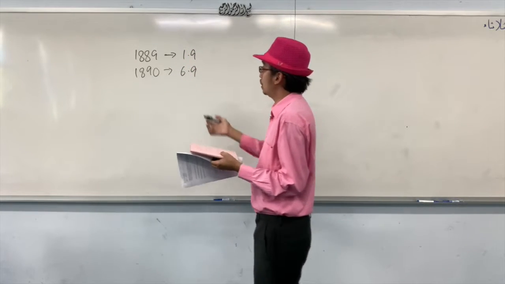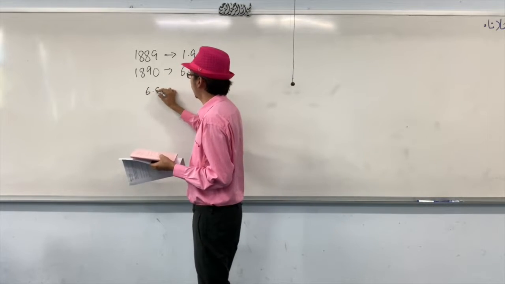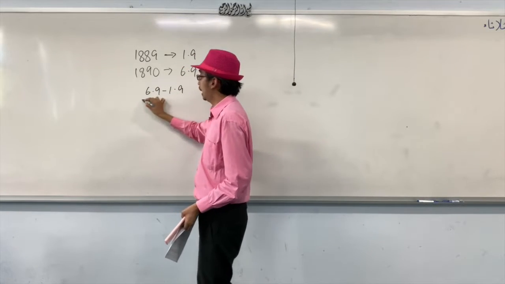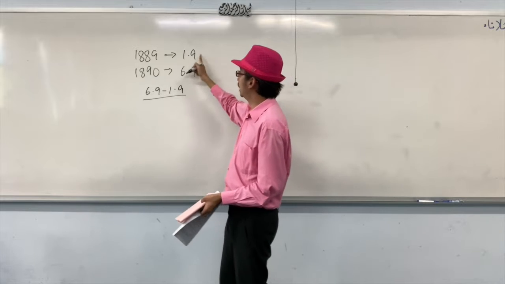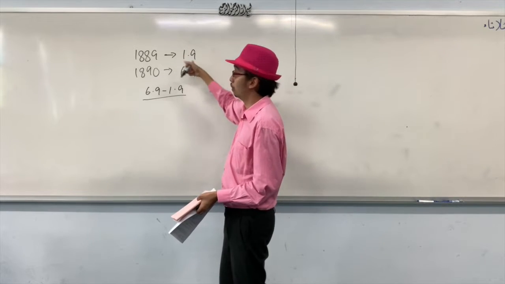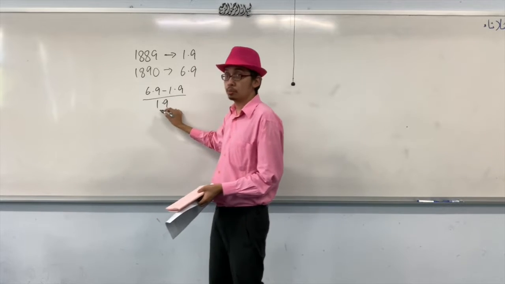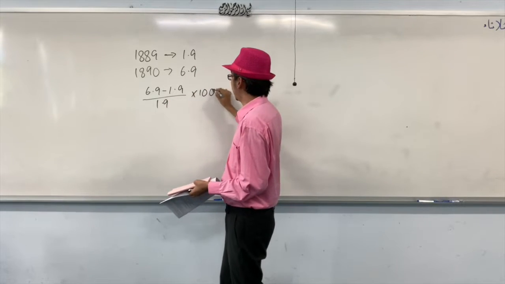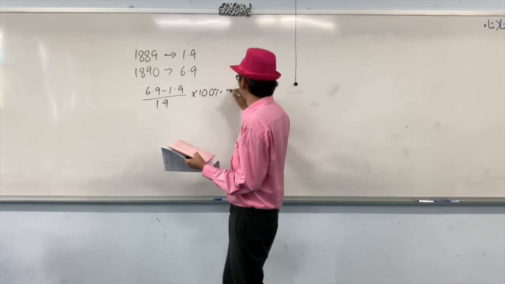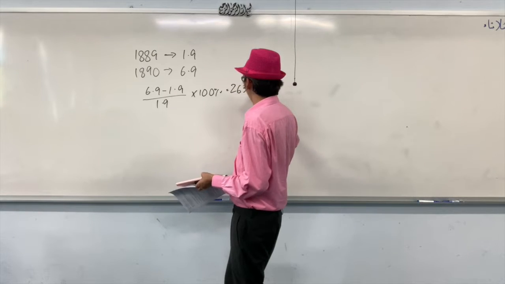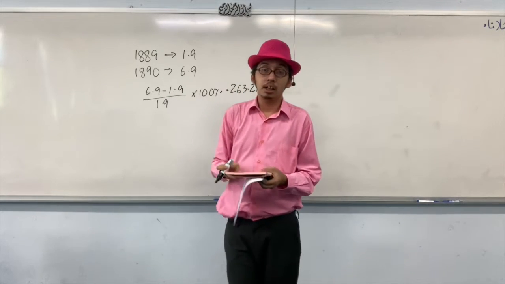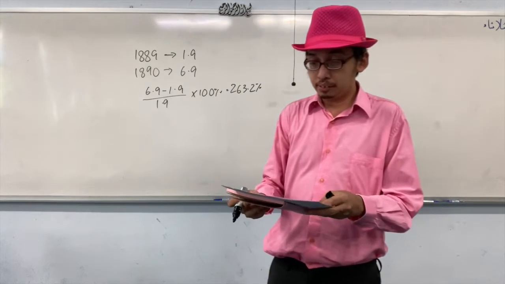To find the percentage increase, it will be 6.9 minus 1.9, over the original, which is 1.9, because this is the original number we started off with. So 1.9 is at the denominator, times 100%, and you should get 263.2%. The first one is rather straightforward.